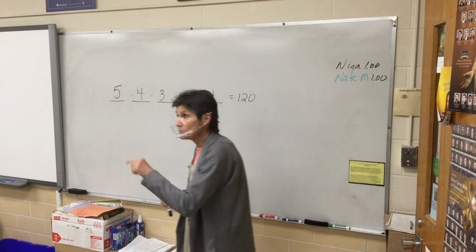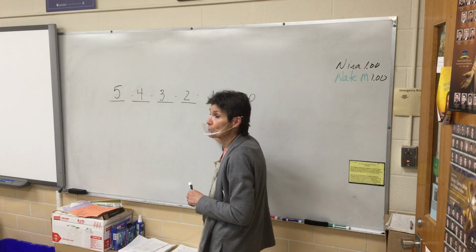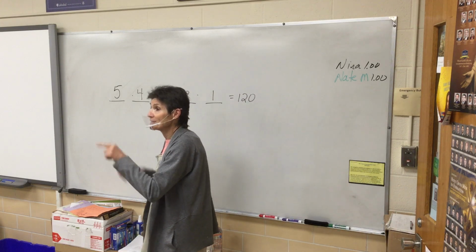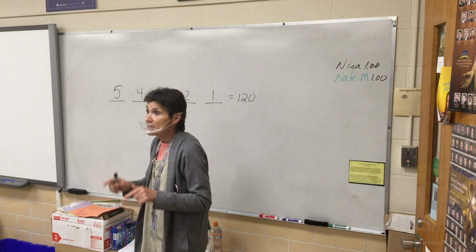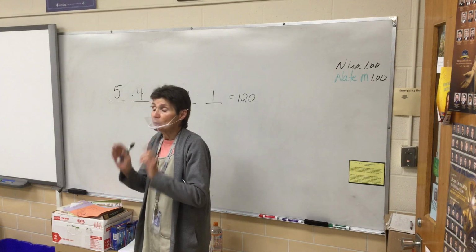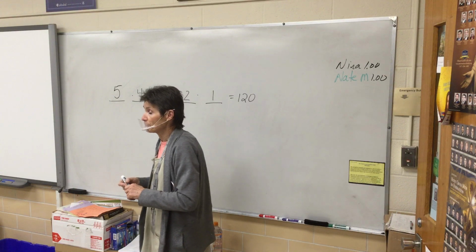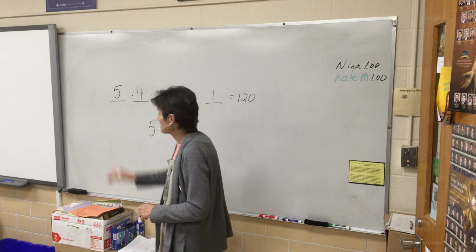So there is a button on your calculator that will do this multiplication for you without you having to type in each individual number. Do you understand what I'm saying? If you don't want to type 5 times 4 times 3 times 2 times 1, we have one button that'll take care of it. All right, so I want everybody to do this. Press 5, because that's our starting number.